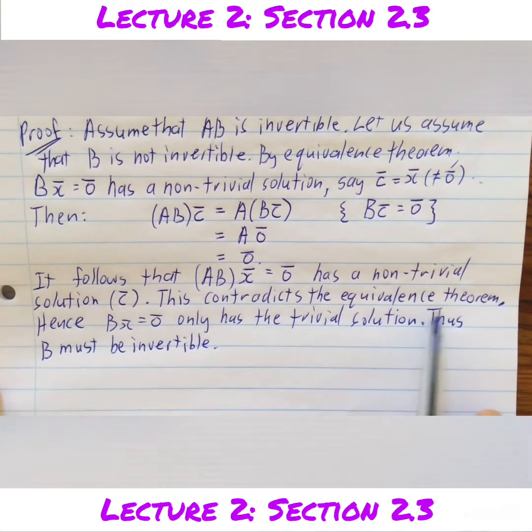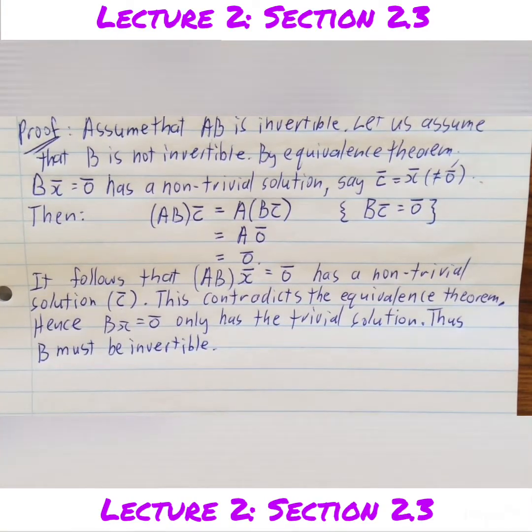That will contradict the equivalence theorem, so that's going to force B to be invertible. So we know that B is invertible, and now we just need to show that A is invertible.